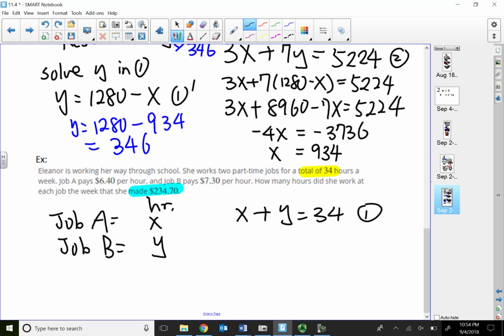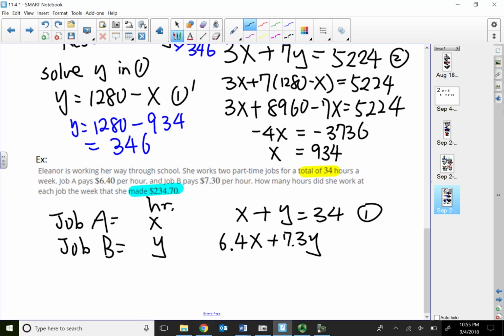All right. So how does she make this $234.70? Job A pays $6.40, and she worked there for x number of hours, so we multiply by x. Plus job B pays $7.30 an hour, and she worked y hours, right?